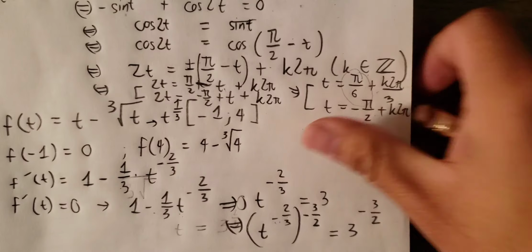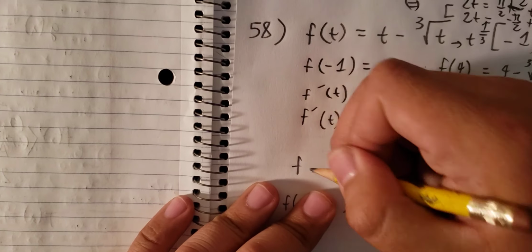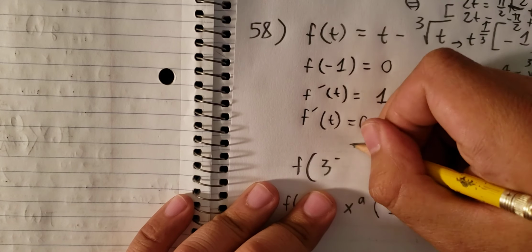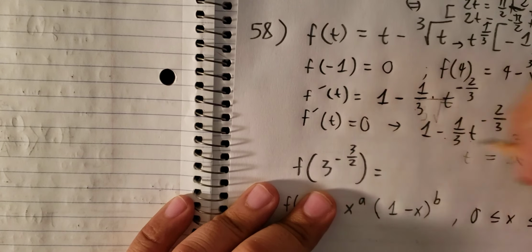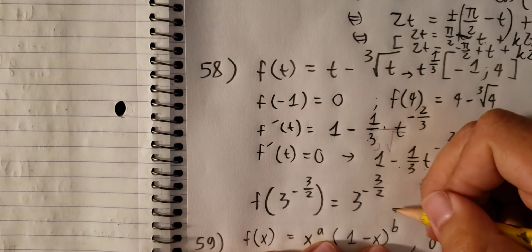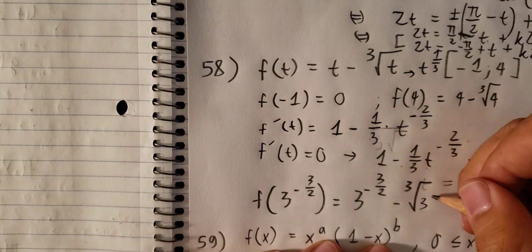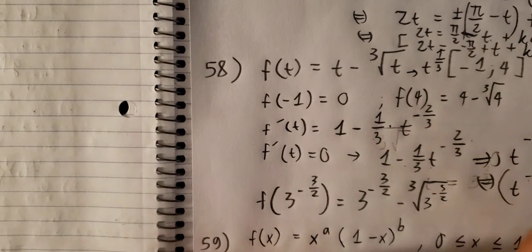After you get t equal to 3 to the power minus 3 over 2, you put it in here: 3 minus 3 over 2 minus the cubic of 3 to the power 3 over 2.